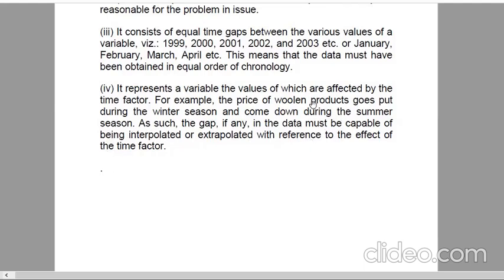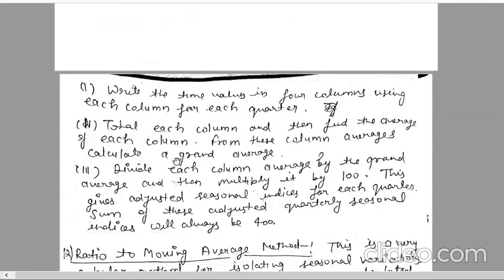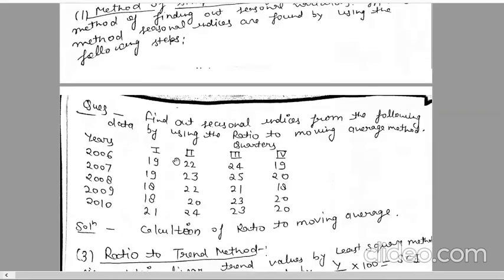Yeah, we know that the production and sales of wool always increase in our winter season and decrease in our summer season. As such, the gap, if any, in the data must be capable of being interpolated or extrapolated with reference to the effect of the time factor. Right, so these are the characteristics of a time series.